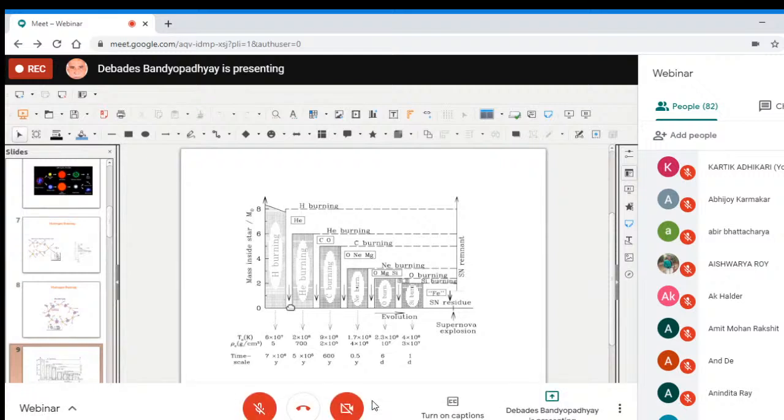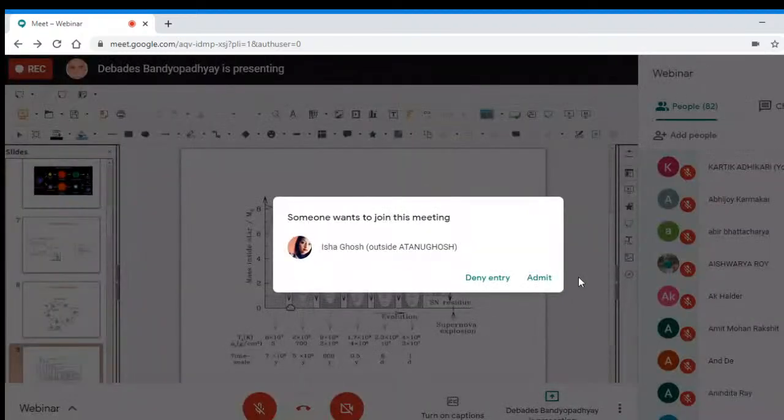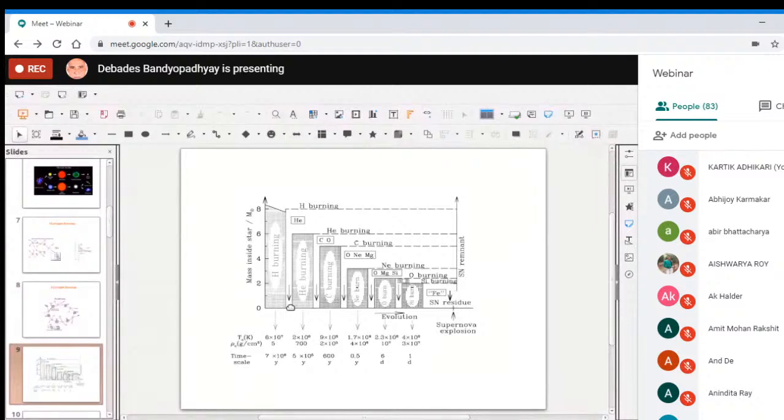That means there is no energy production, so gravity compresses the whole star, and the central density and temperature increase. That provides the right kind of platform for the next stage of burning, because you need higher temperature to produce heavier elements through this fusion process.